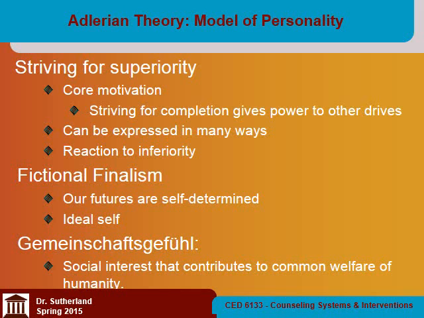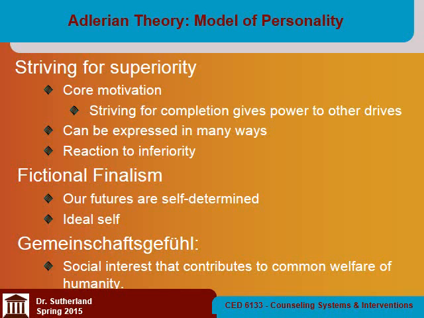Another concept within the model of personality involves fictional finalism. And it involves the idea, the premise that our futures are self-determined. So an example of that would be something like if a person believes that a perfect life is found in heaven as a reward for being virtuous, then that person's life will be greatly influenced by striving for that goal, whether heaven exists or not.